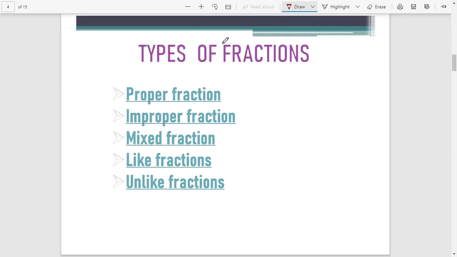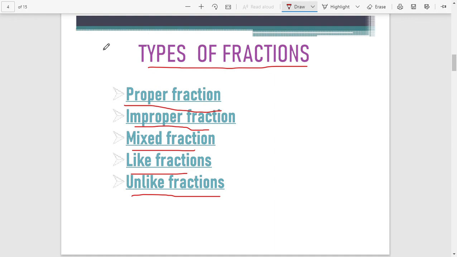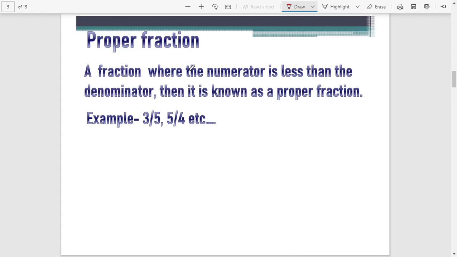Now we will read the topic of types of fractions. Generally there are 5 types: proper fraction, improper fraction, mixed fraction, like fraction, and the last is unlike fraction. We will first learn about proper fractions. What is a proper fraction? A fraction where the numerator is less than the denominator is known as a proper fraction.